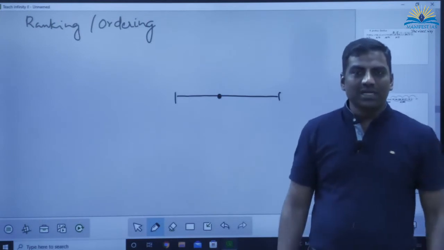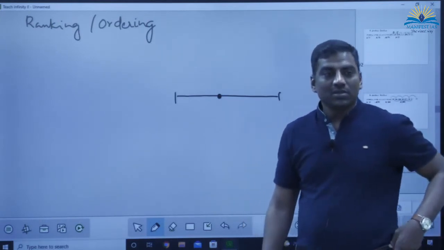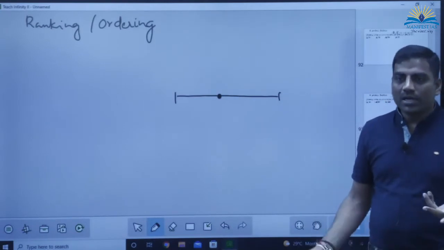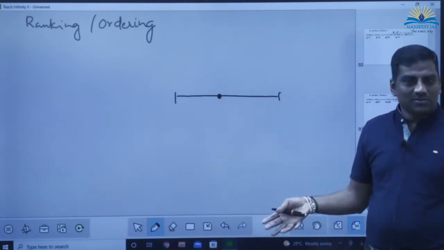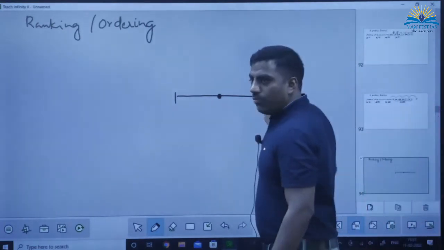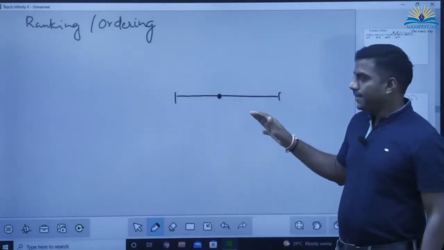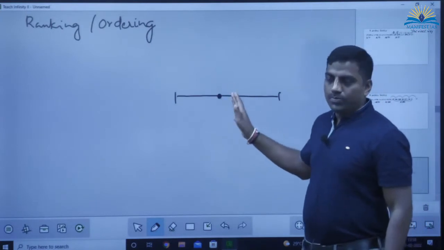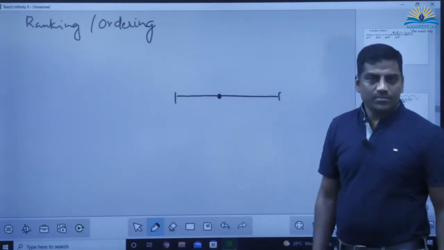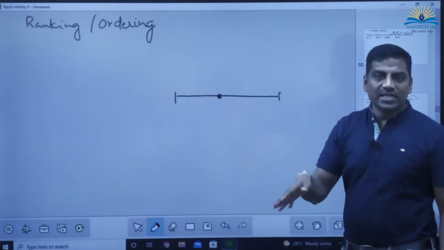You will give me some details. What are those details? Position from right or left, simple, no? That is what I am asking. So, if you give a row, if you give the position of that person from left or right, I can easily locate that person.